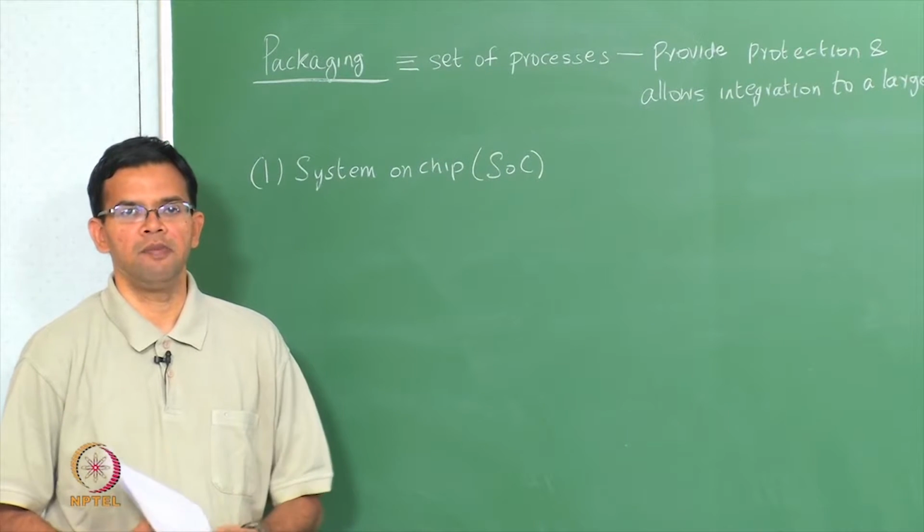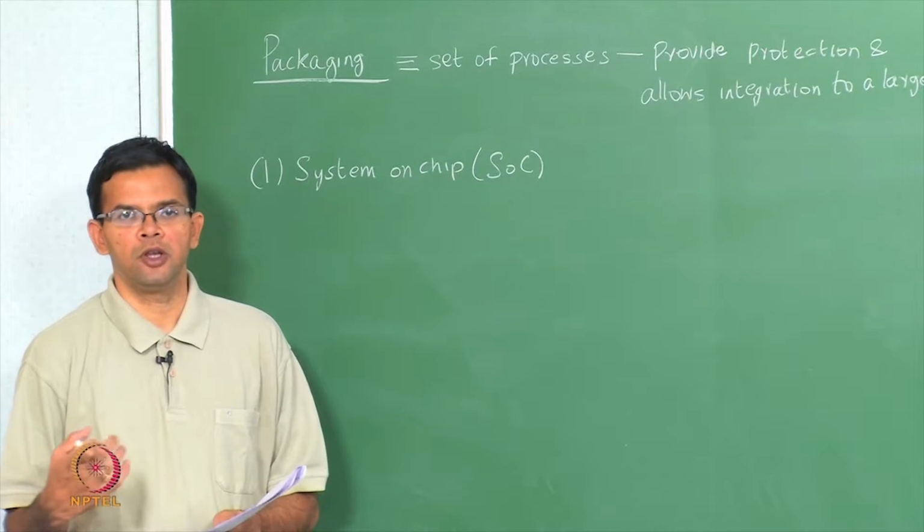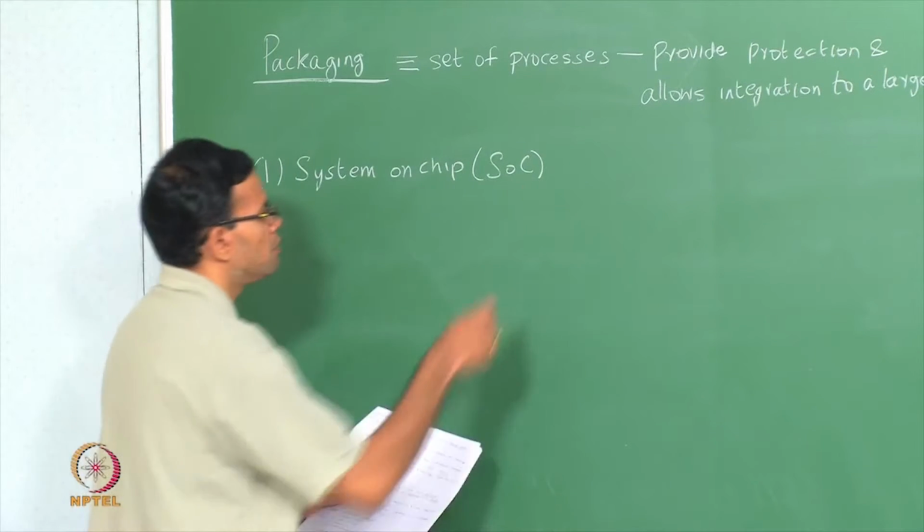Short form is SOC. So, in this case all the various components are integrated onto one chip. So, it essentially becomes a fabrication issue, how you fabricate the different components onto the single chip.